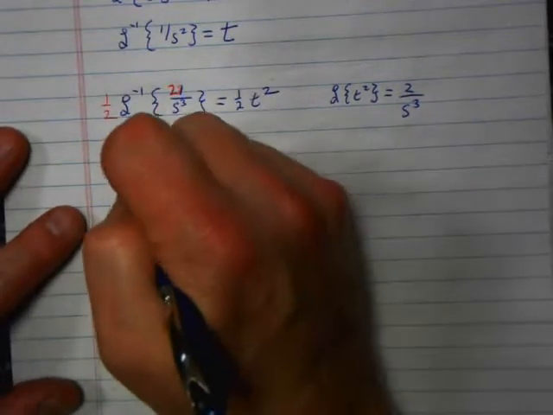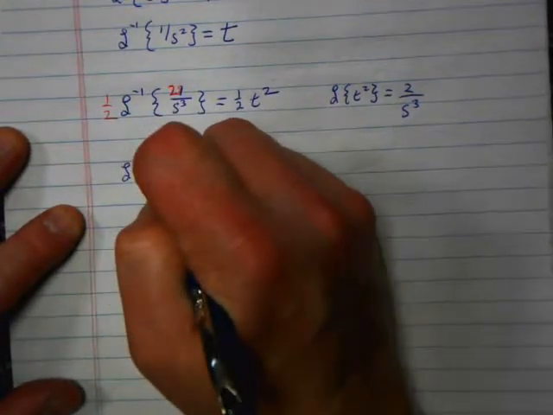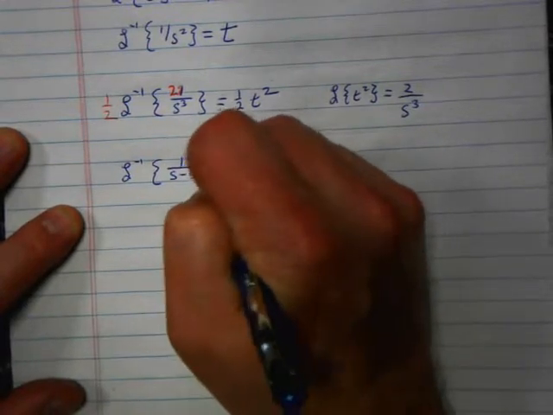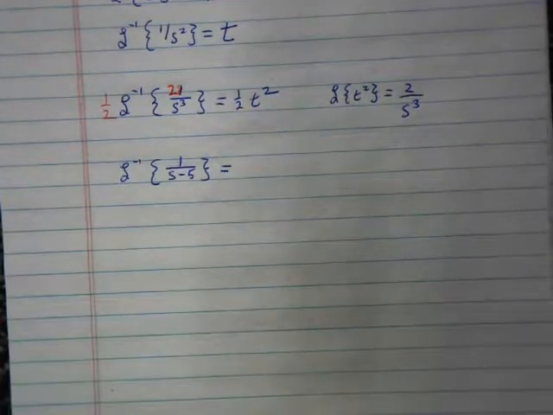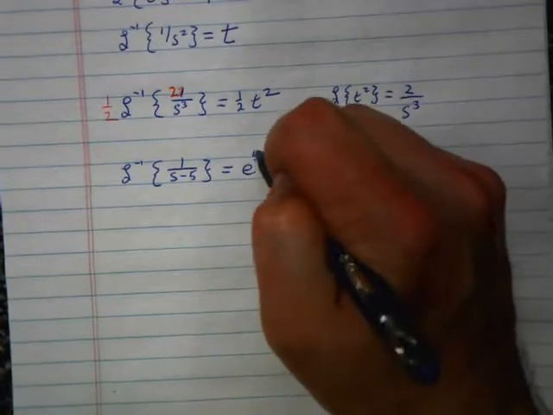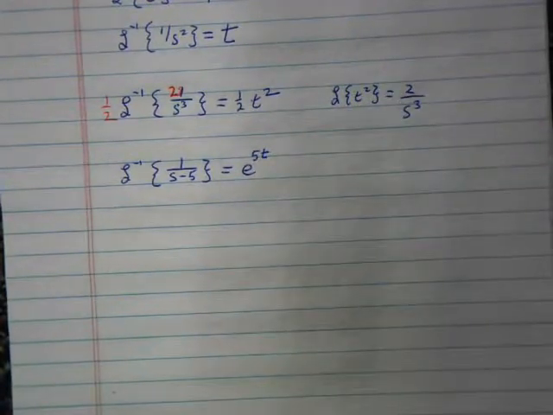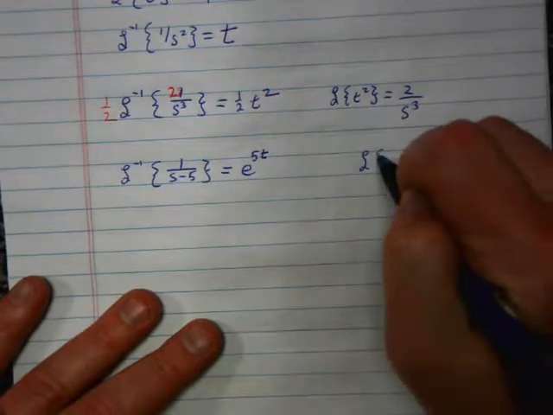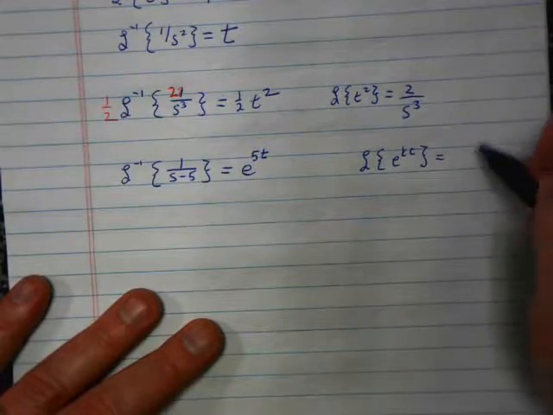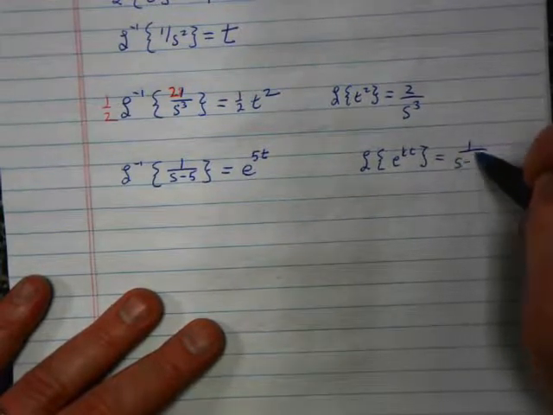What's the inverse Laplace transform of 1 over s minus 5? It's got to have an e in it. e to the 5t. Because you might remember our rule for the Laplace transform of e to the kt, same thing, 1 over s minus k.